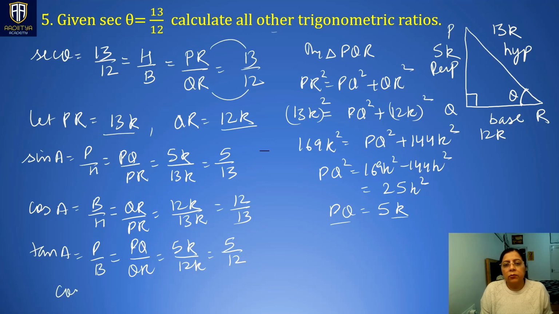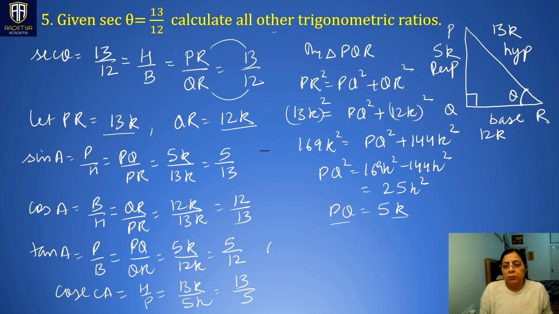Then we have cosec. Cosec of A is the ratio of hypotenuse and perpendicular, the reciprocal of sine, which is 13K over 5K. So we have 13 by 5. The reciprocal of cos is secant, which is given to us.